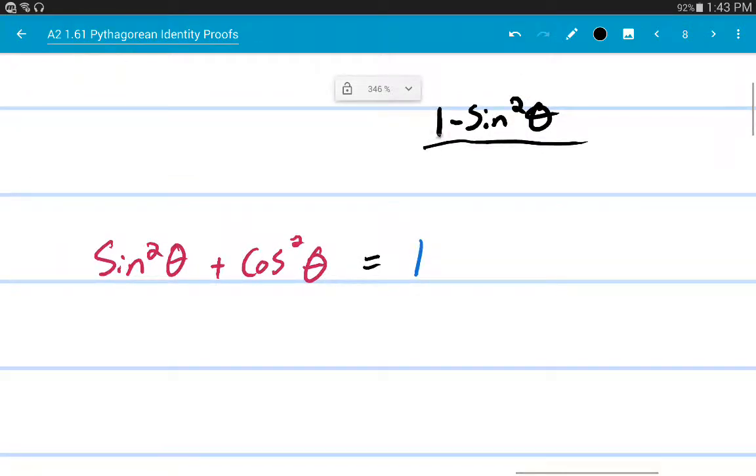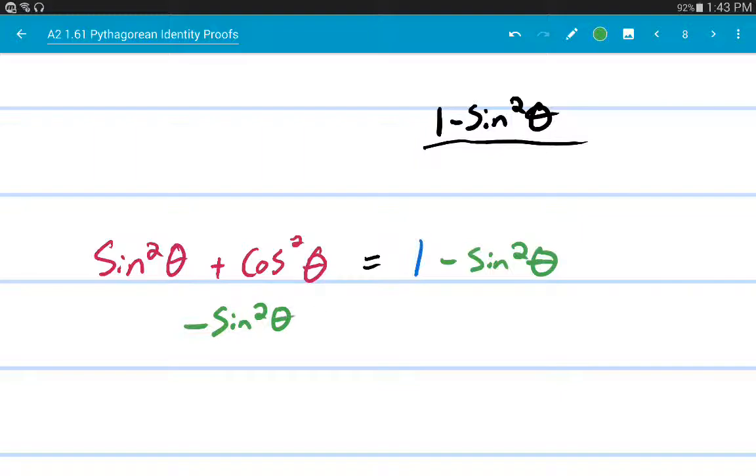Now my 1 is over here, but my sine squared is all the way over here. So if I wanted this to read 1 minus sine squared, I would have to minus sine squared theta over here. But if I did this on the right side of the equal sign, I would need to do it on the left side as well.